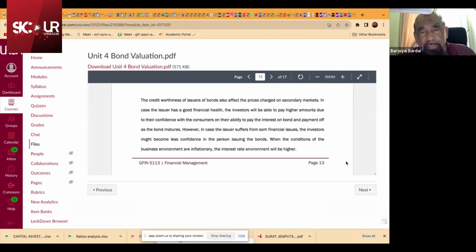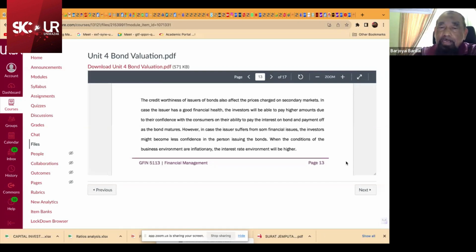The creditworthiness of the issuers of bonds also affects the price charged on the secondary market. So in case the issuer has good financial health, then the investor will be able to pay higher amounts due to their confidence in the issuer's ability to pay the interest on the bond and pay it off as the maturity matches.